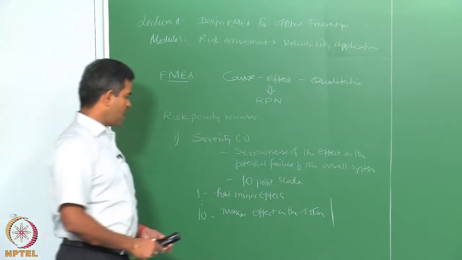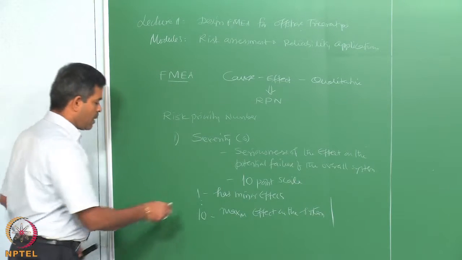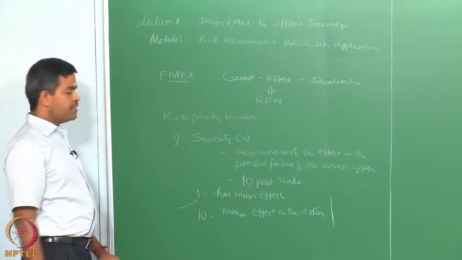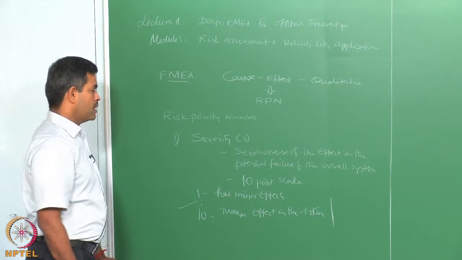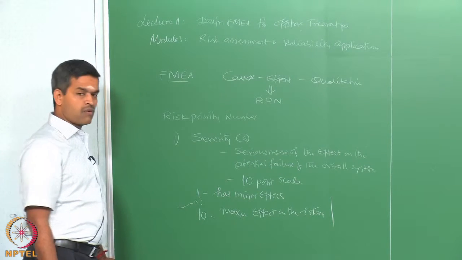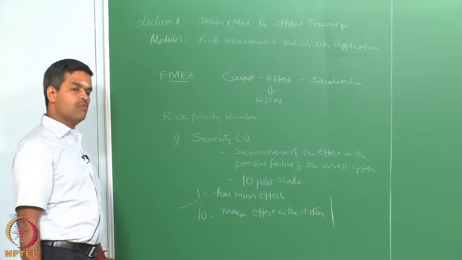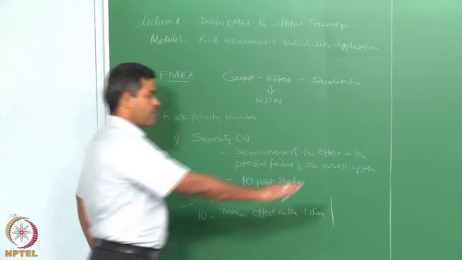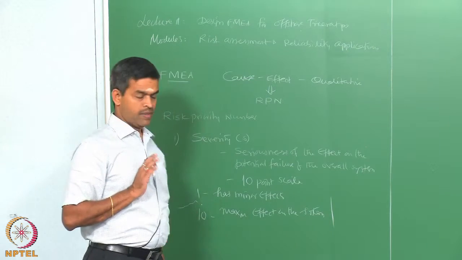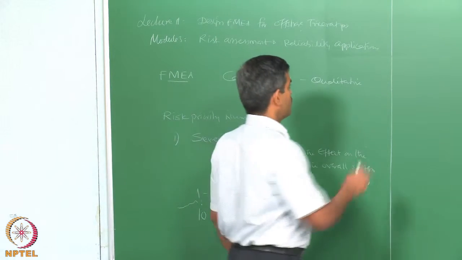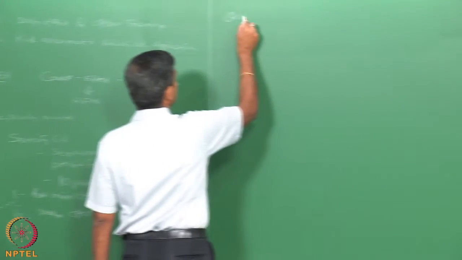So, based on the scale of 1 to 10, one can assign a number which indicates relatively the seriousness of the effect of failure of that component or the mode of failure on the overall performance of the given system.